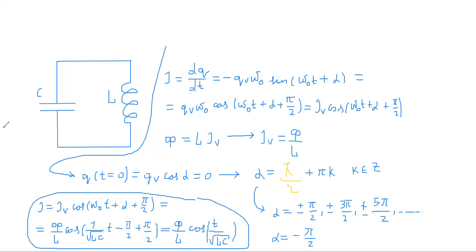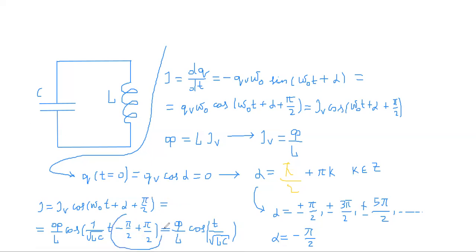It is useful because here we have minus and plus pi divided by 2, and the answer will be the simplest in this case. Okay, I get it. But we can use any of these answers, but the final result will be more complicated in other cases.